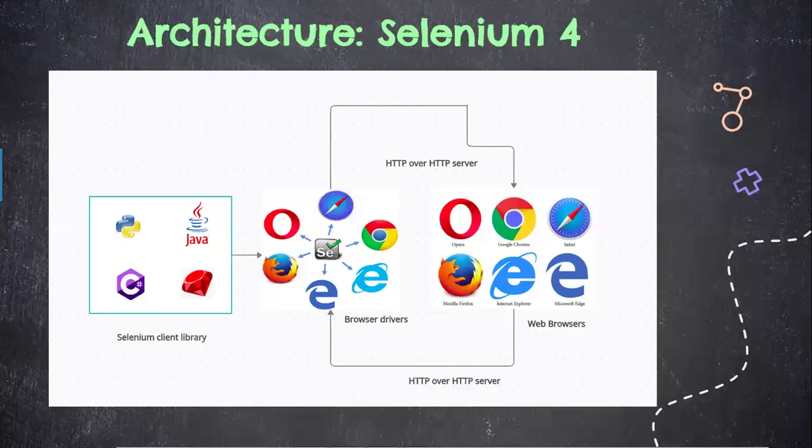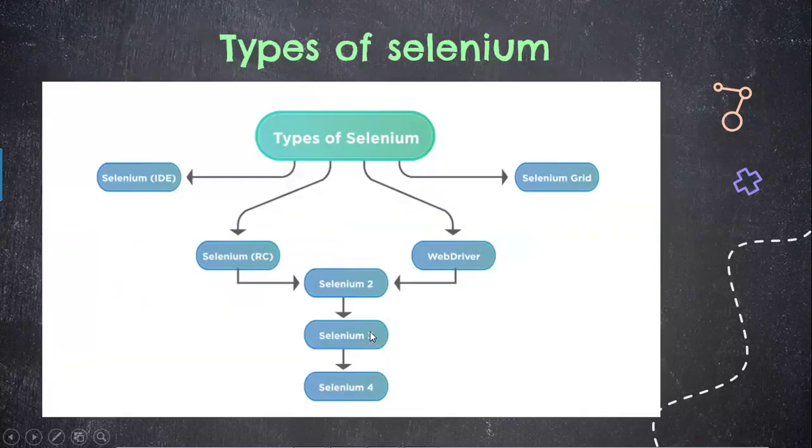W3C standards, you know, right? W3C standard means it's a universal standard; everywhere the same thing will be there. When you download Selenium, like we just saw, version 4.18.1, the browser drivers will also be downloaded initially. I will tell you once we start with the program.